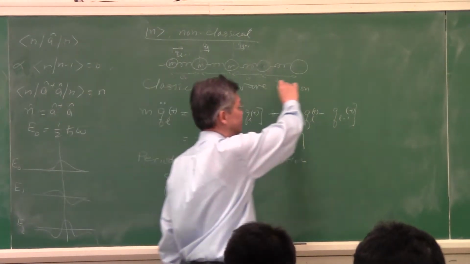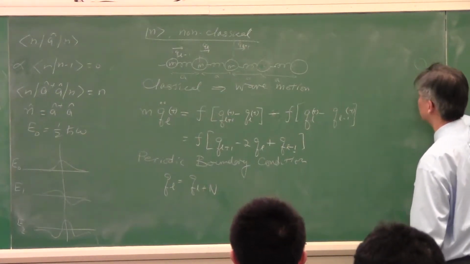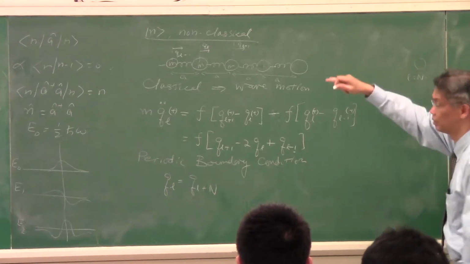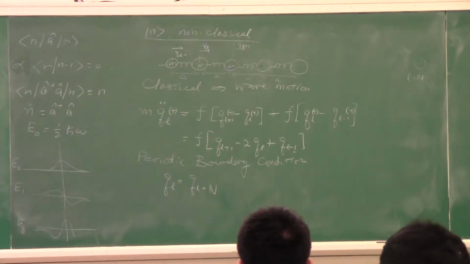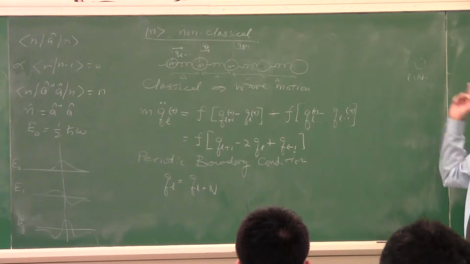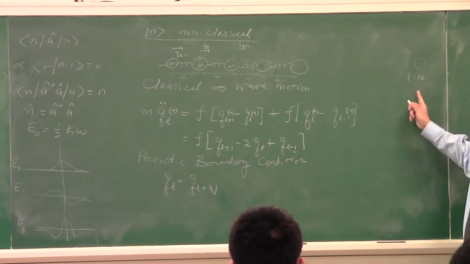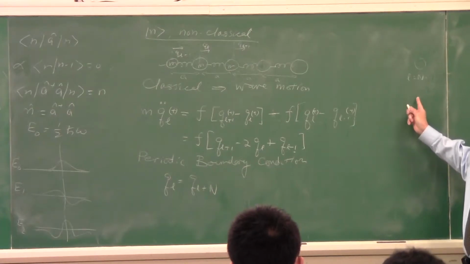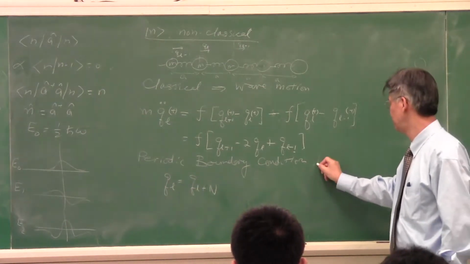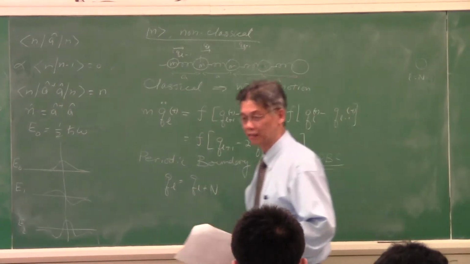Let's assume that this chain is infinitely long, and then the particle at l equal to N behaves like the original particle. This is just a periodic boundary condition. We can make N very large, finally, to assume that this chain is infinitely long. You will see that the mathematics simplifies a great deal if you use PBC. This PBC is just used to simplify the mathematics.